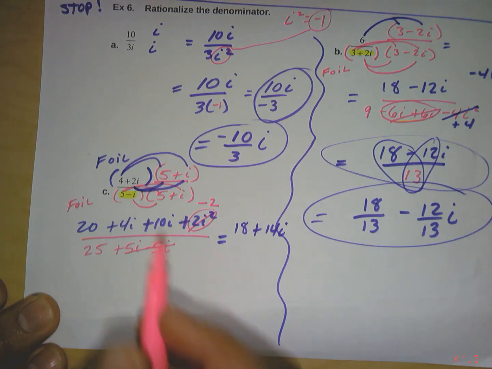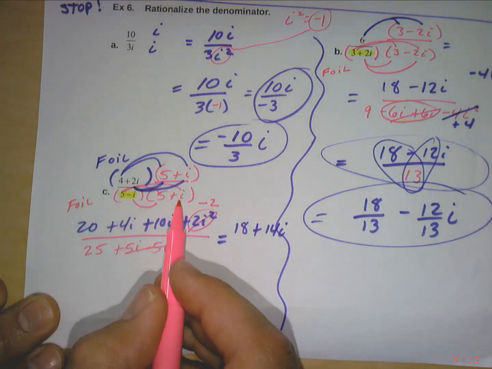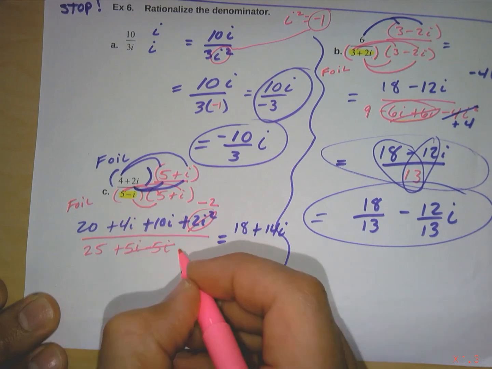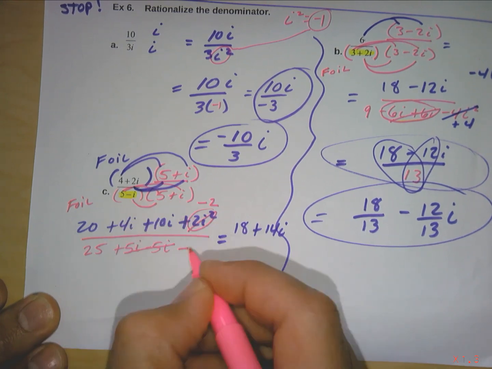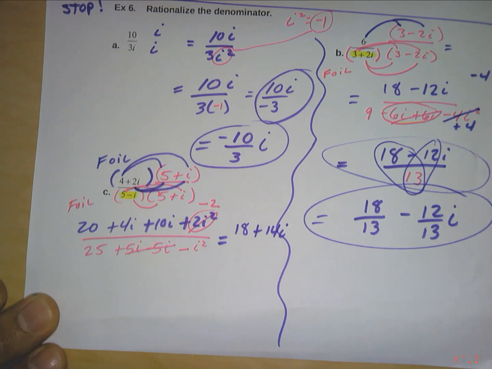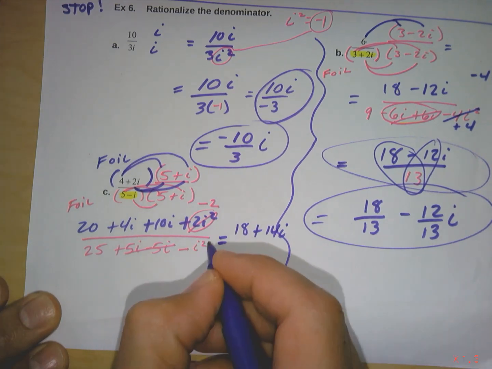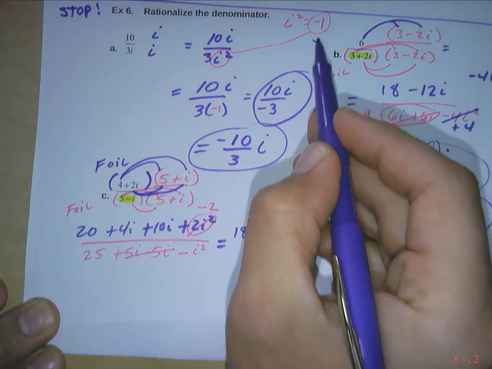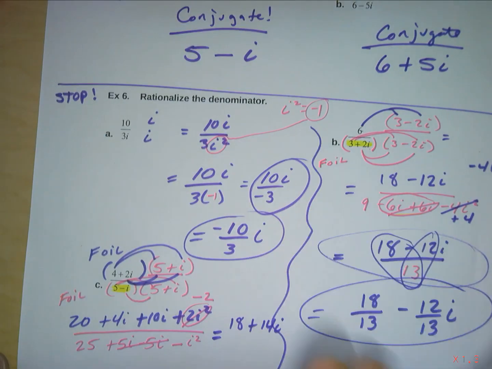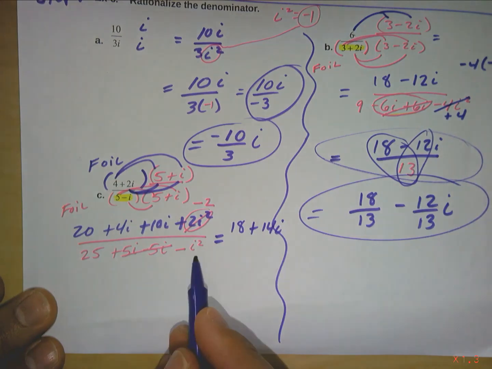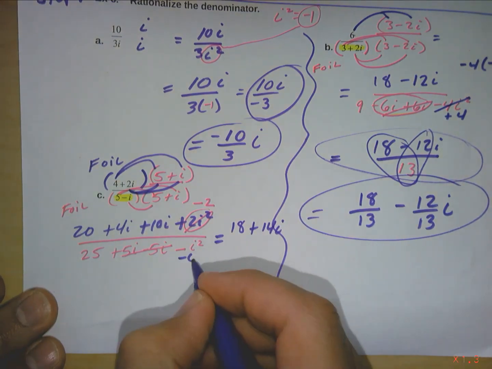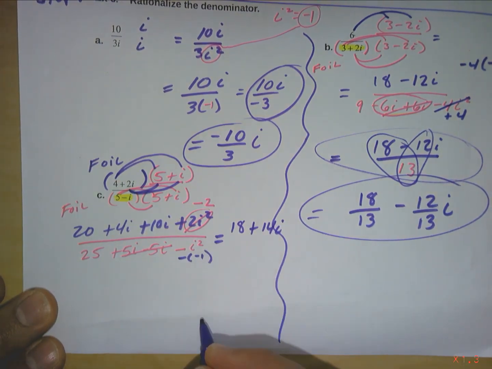And then last but not least, I get -i times i. So a negative times a positive is a negative. And then i times i is i squared. I always change that though. I know i squared is -1, right? Up here is -1. So this is the opposite of -1, which is +1.